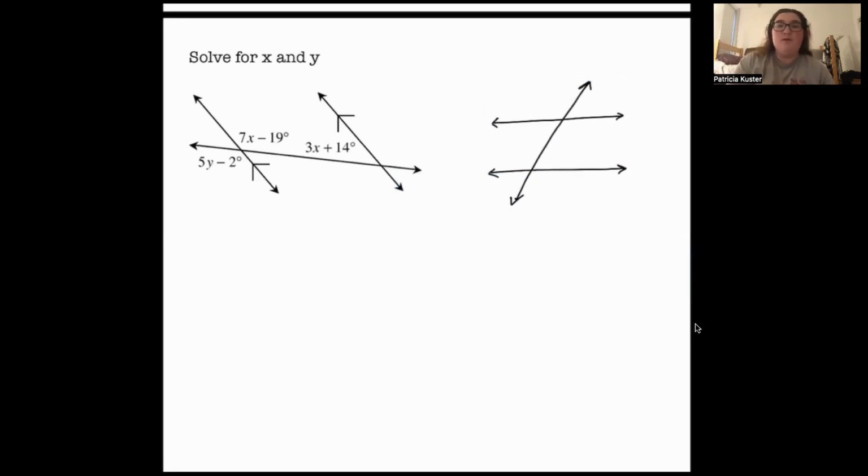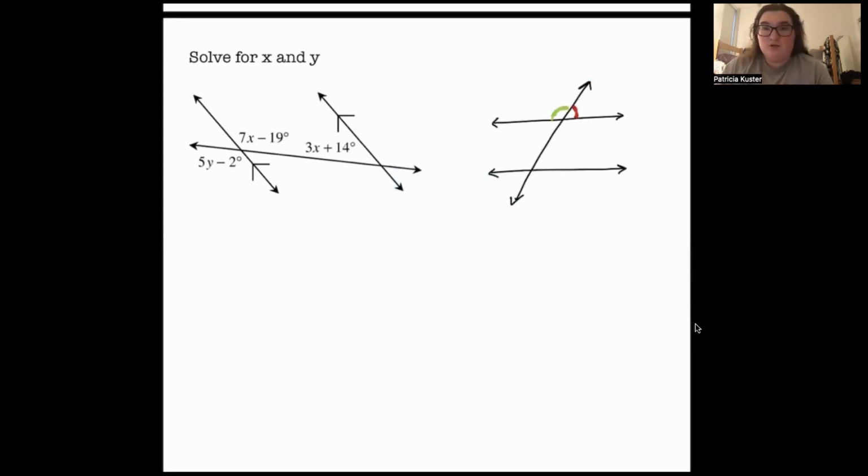So the main rule of a transversal is that in any transversal, you only have two angles. I like to say you have a big angle, which I'll indicate using green, and a small angle. And these two angles add up to 180 degrees.